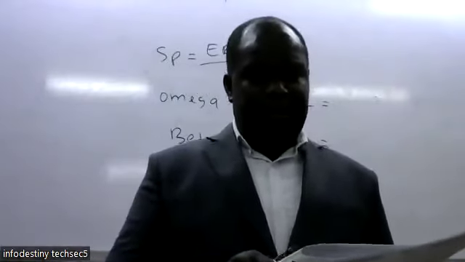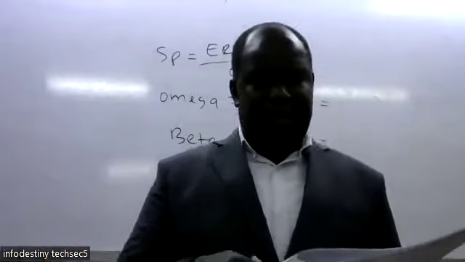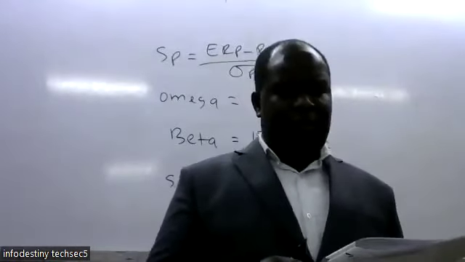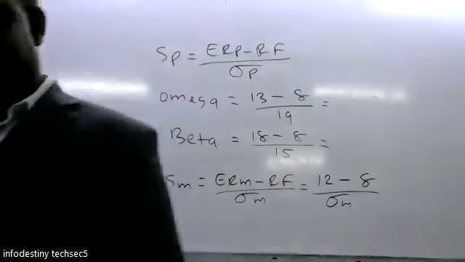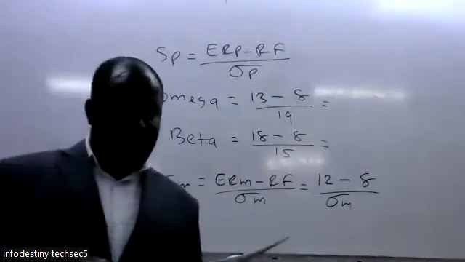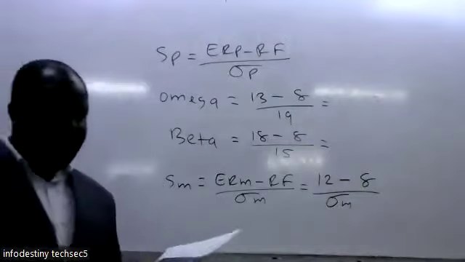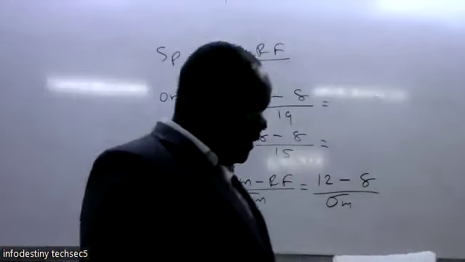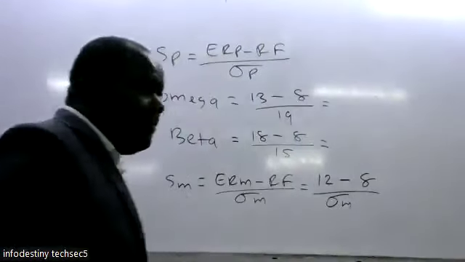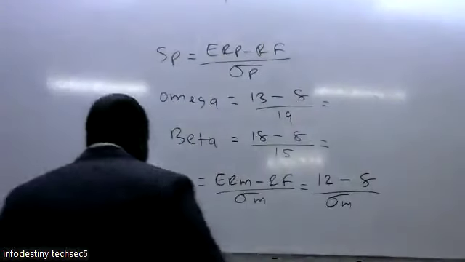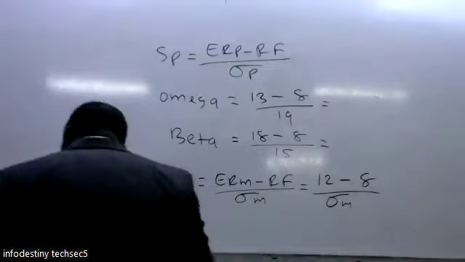Then standard deviation of the average annual return is given. Correlation with the market return is given. Required: rank the performance of the above portfolios using Roman letter 1, the Sharpe's method.